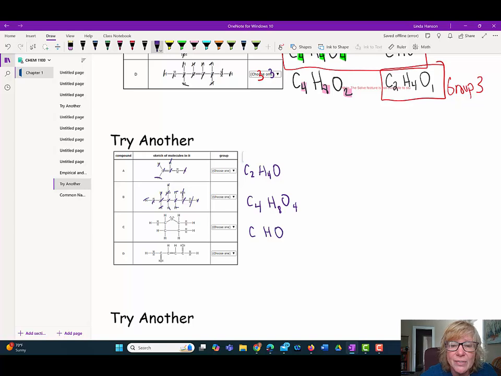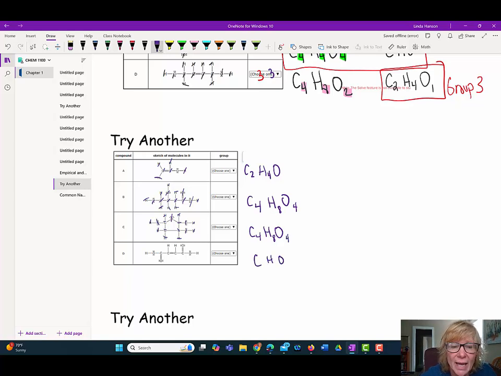On to compound C. 1, 2, 3, 4 carbons. Let's do H's next. 1, 2, 3, 4, 5, 6, 7, 8. And the last one, oxygen. 1, 2, 3, 4. Alrighty.